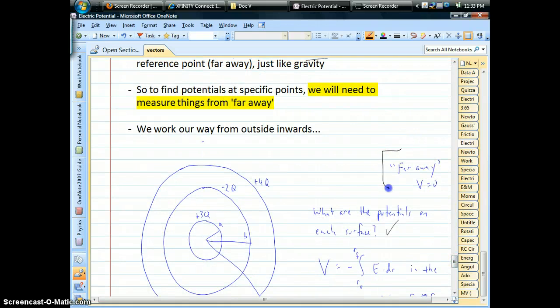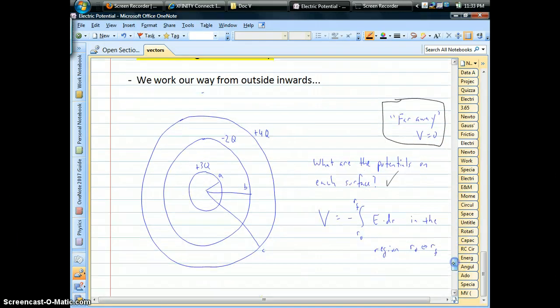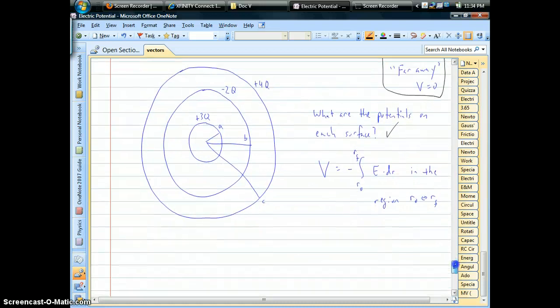So our reference point is way out here somewhere, where we can assume there's 0 voltage, and then everything has to be measured from that point if we want to get voltages on the surfaces or at any other point in the system.